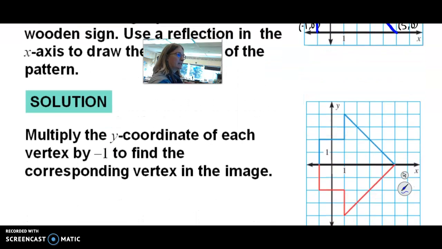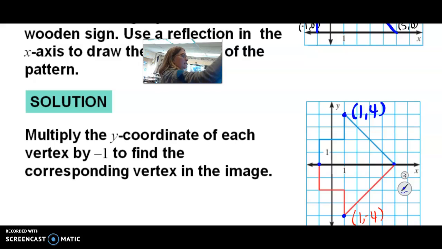When you reflect this point over that line, it's on the line, so it goes nowhere. Same thing with this point. This point up here is at 1, 4. When you reflect it, it drops down to here, so the reflected point is down here at 1, -4.